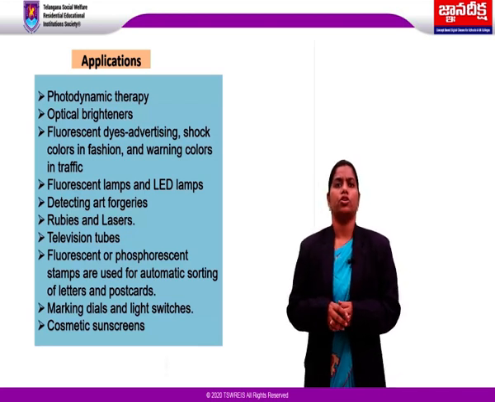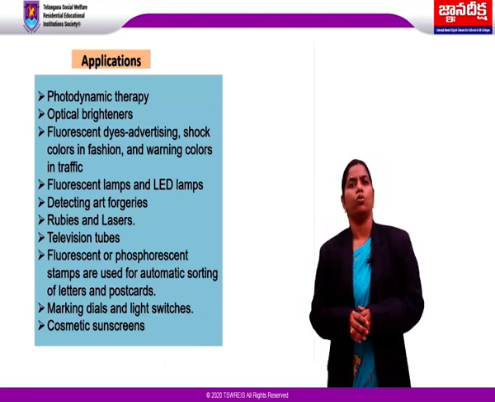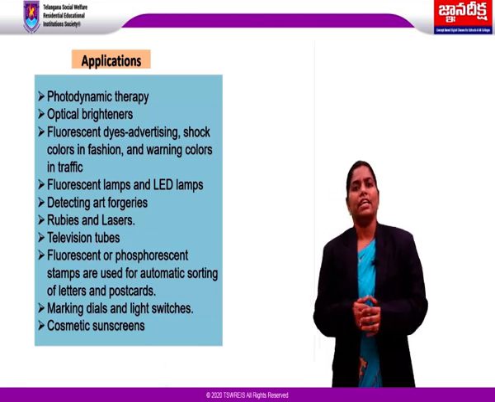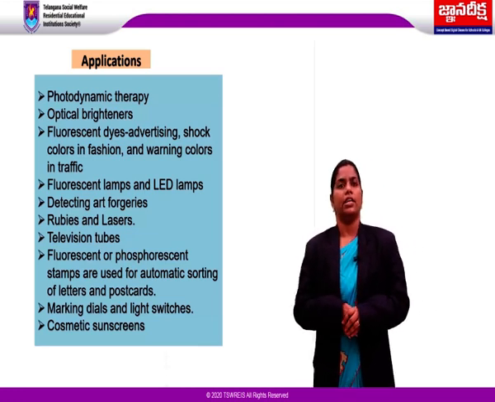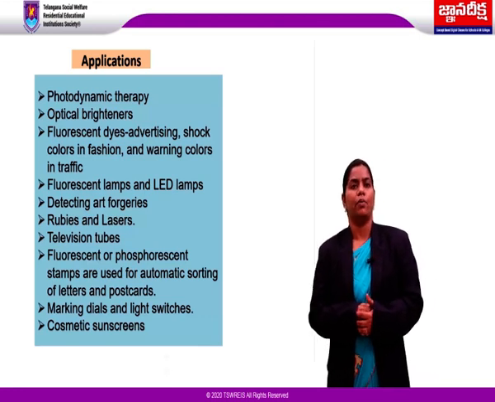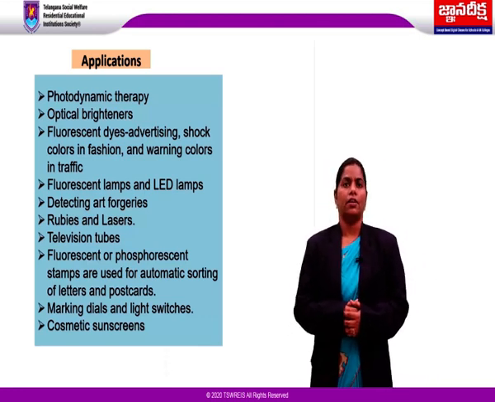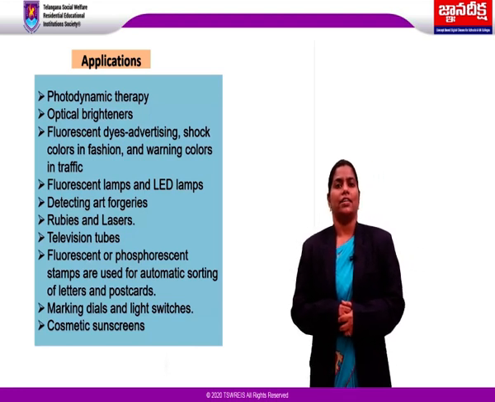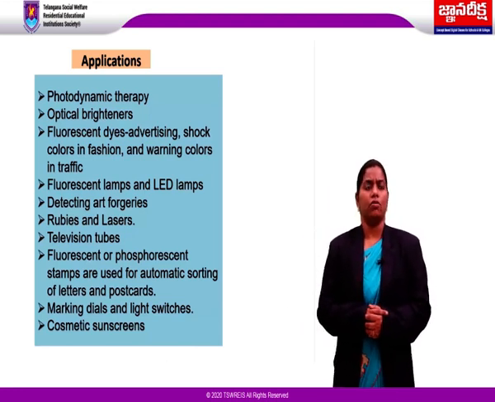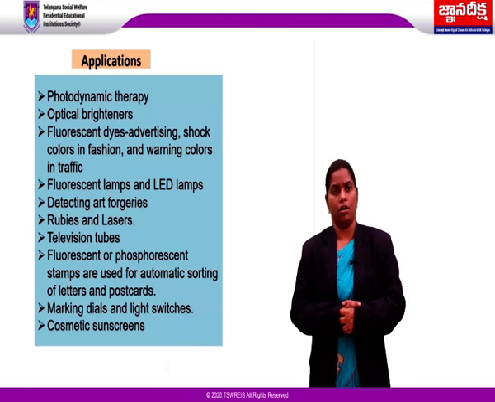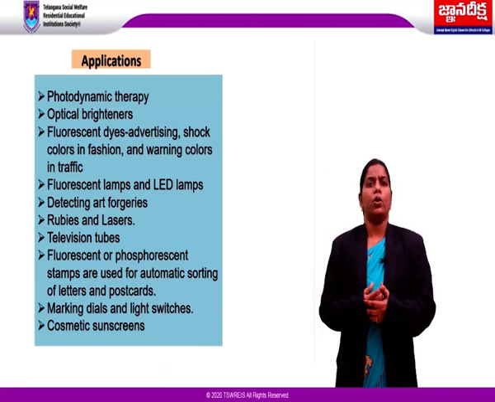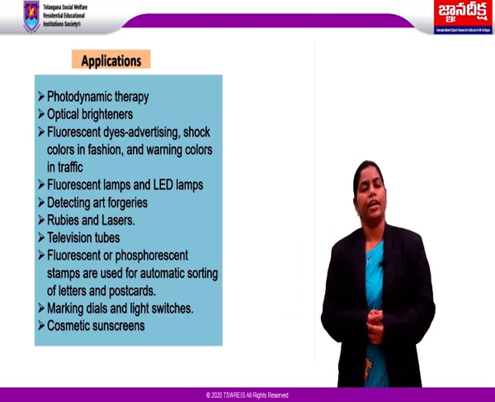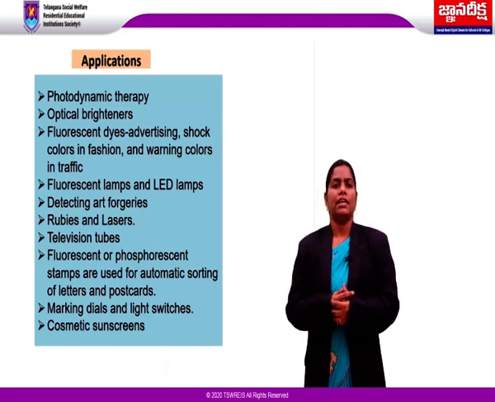In these dyes, short wavelength light is converted into longer wavelength fluorescent light in the visible spectrum, and they are encountered as luminous colors in advertising hoardings, shock colors in fashion causing a whitening effect, and warning colors in traffic. Fluorescent dyes also emit twice as much light at the longer wavelength as is contained in the incident light.